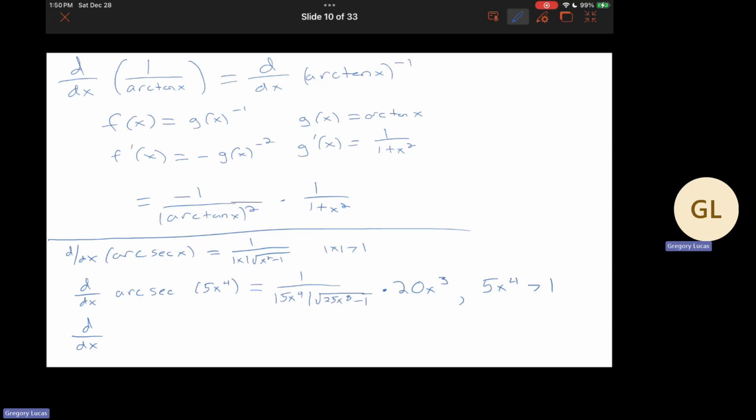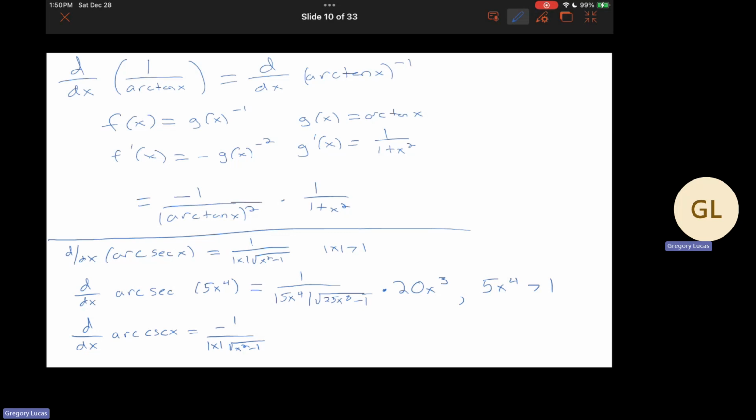So let's do arc cosecant now. Arc cosecant x is just minus 1 over the absolute value of x square root of x squared minus 1. So they're not too hard to memorize here because it's the same pattern.